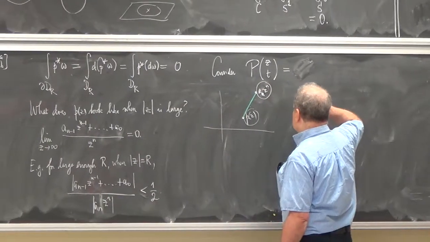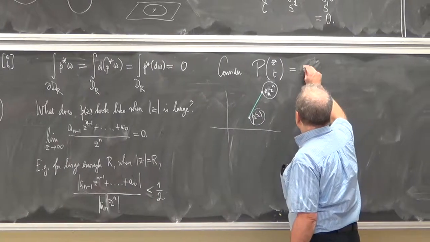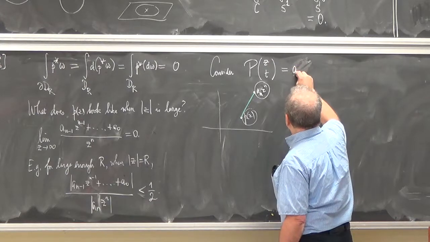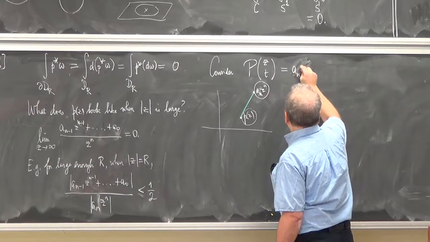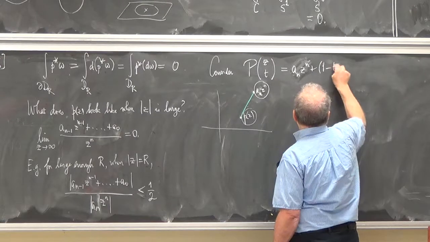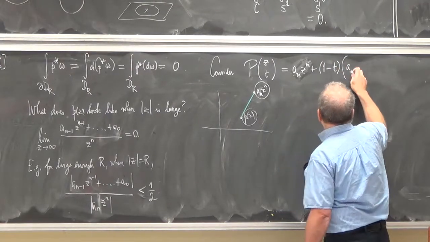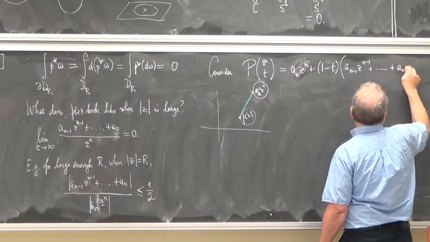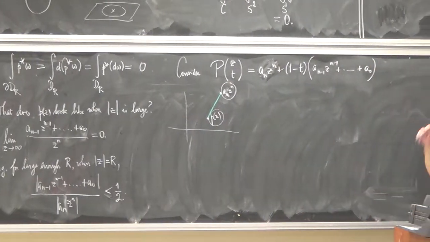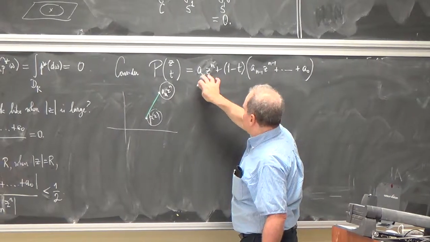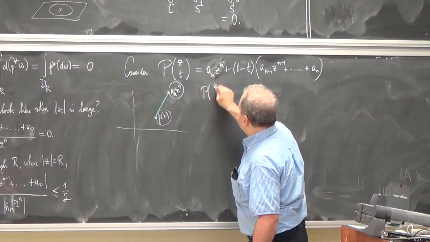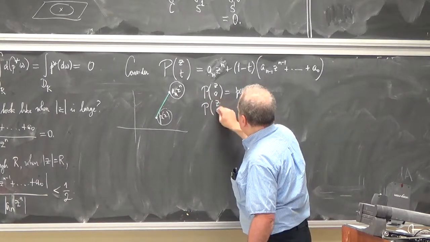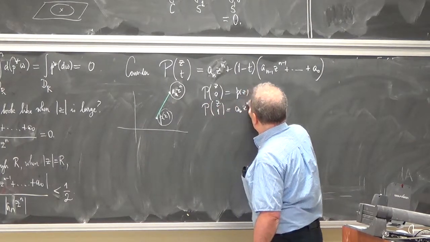So let's see. At t equals 0, I want to have my regular polynomial. And at t equals 1, I have just a_n z to the n. So P of z, 0 is p of z, little p of z, and P of z, 1 is just my leading term.